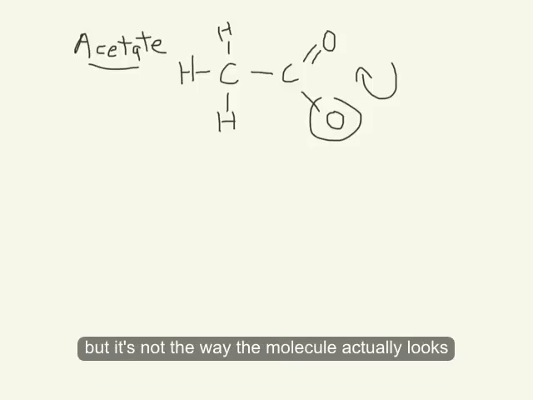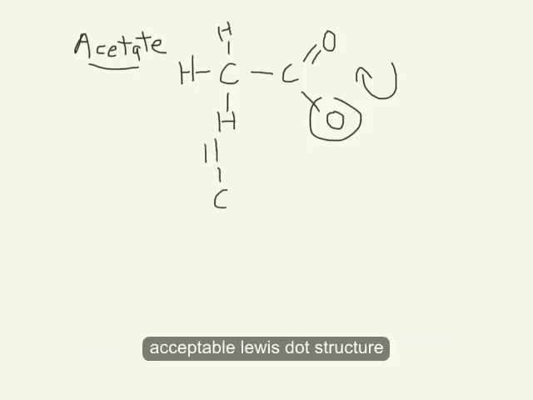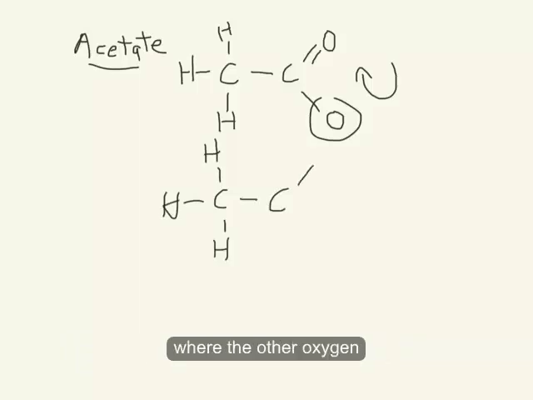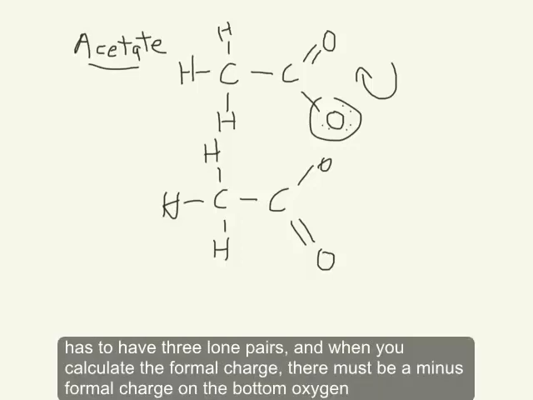looks. Here's another resonance structure, or another acceptable Lewis dot structure, where the other oxygen gets the double bond. So, in the top molecule, this oxygen with the single bond, to have a full octet, has to have 3 lone pairs.